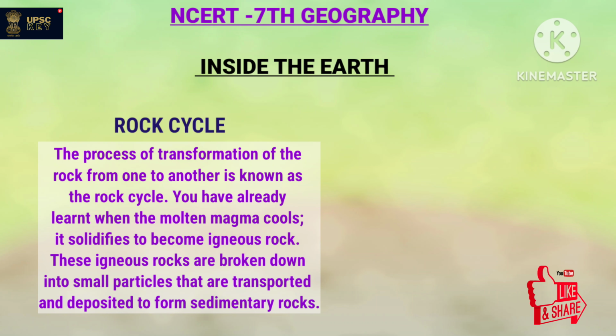The process of transformation of rocks from one form to another is known as the rock cycle. You have already learned that when molten magma cools, it solidifies to become igneous rocks. These igneous rocks are broken down into small particles that are transported and deposited to form sedimentary rocks.